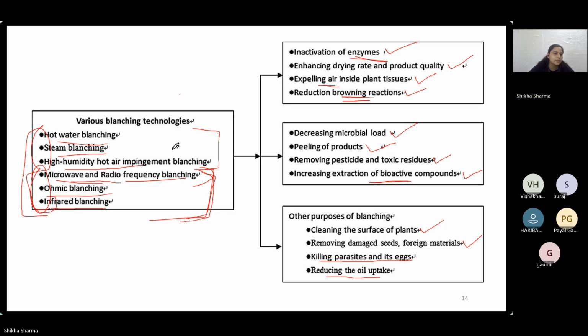Are you going to tell about these novel technologies in detail? I have not covered them in detail in this slide, but maybe in the next class I will include some slides regarding these technologies if you want.